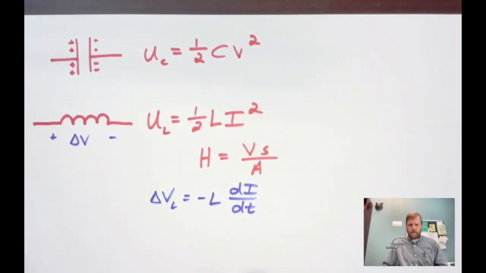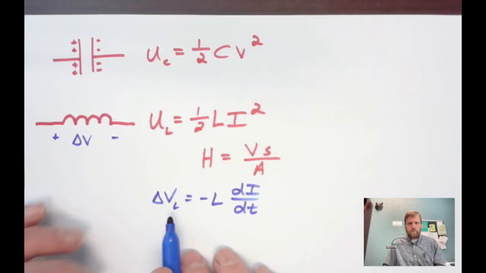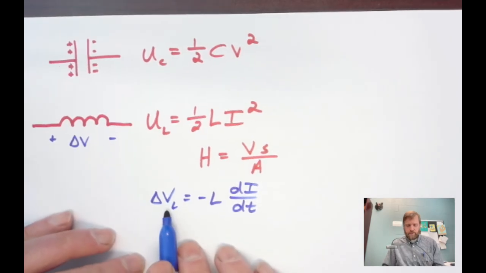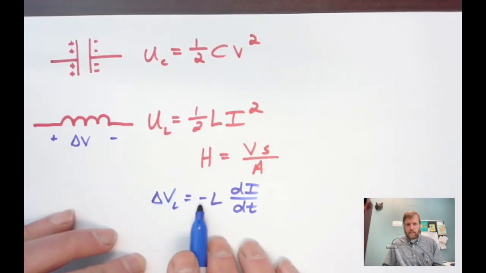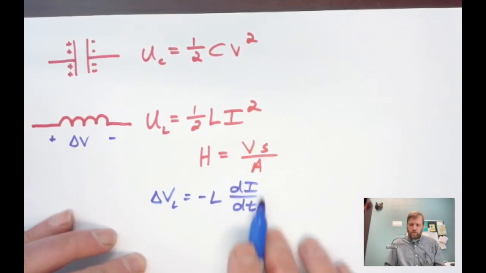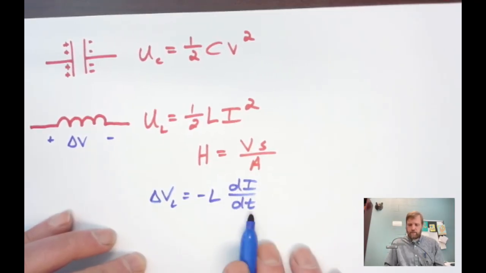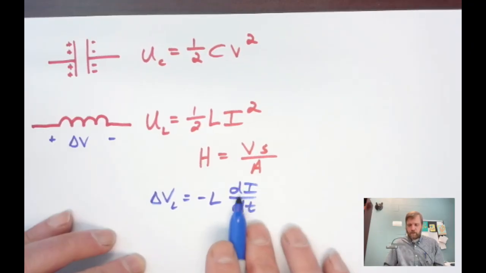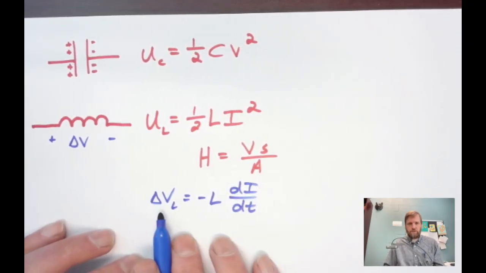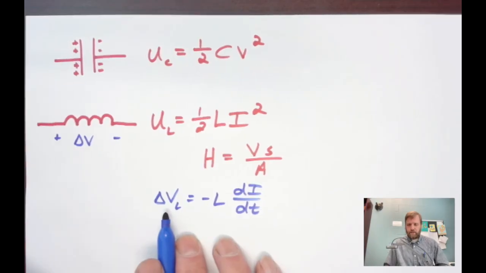dt. Okay, all right, so let's walk through this real quick. So this means that the voltage across an inductor opposes, that's the negative sign, a changing current. Okay, so if the current is not changing, then there's no voltage across the inductor. All right.